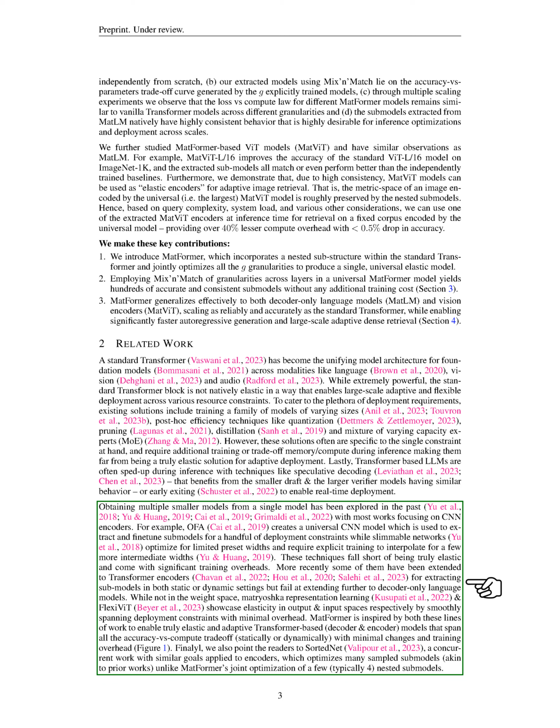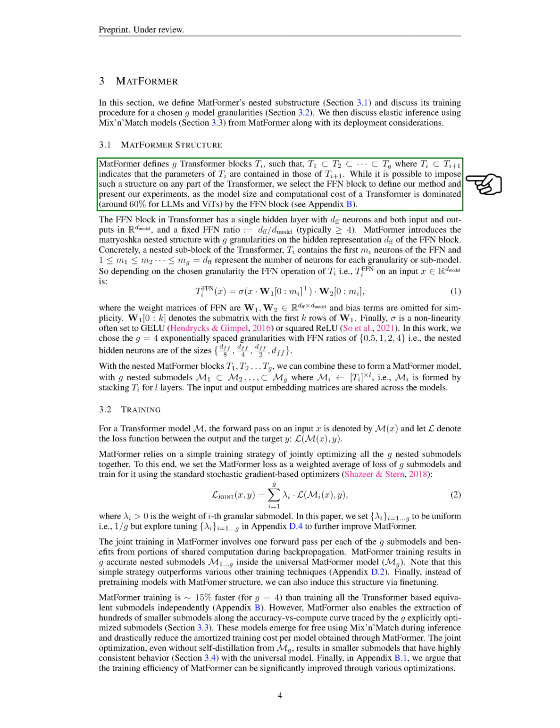Now, let's discuss the structure and training procedure of MatFormer. MatFormer defines a series of transformer blocks, each one nested within the next. This means that the parameters of one block are contained within the parameters of the next block. We focus on the FFN block of the transformer, as it dominates the model size and computational cost.